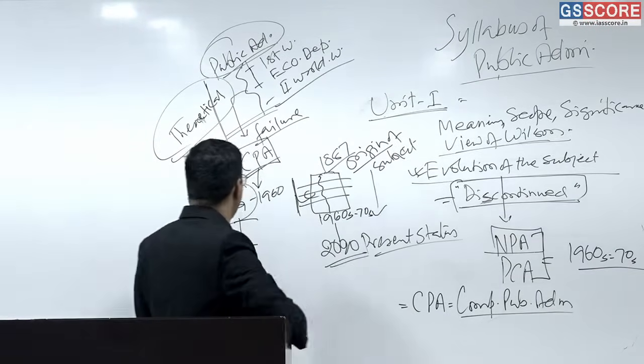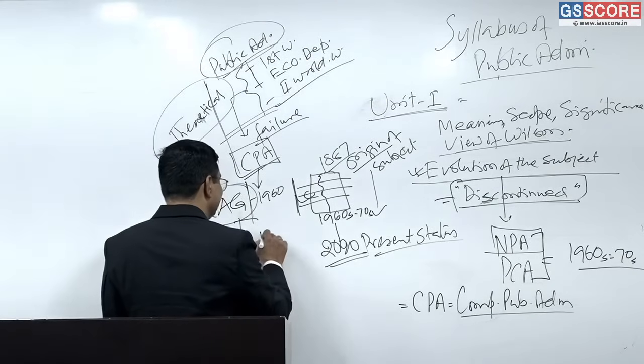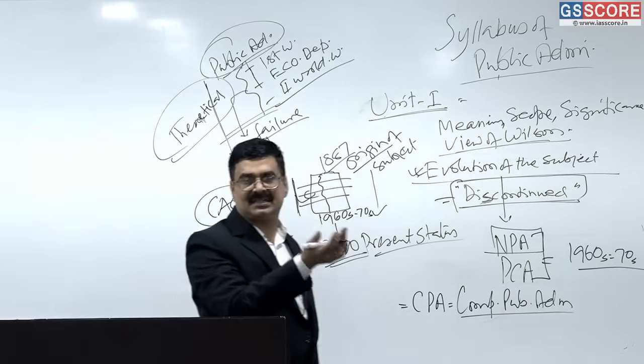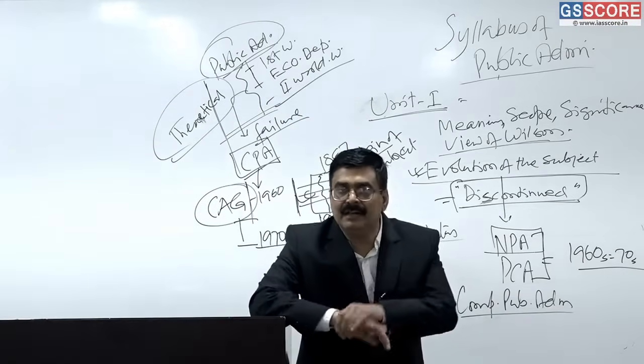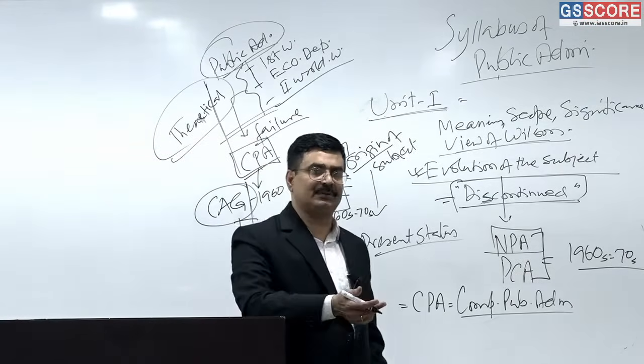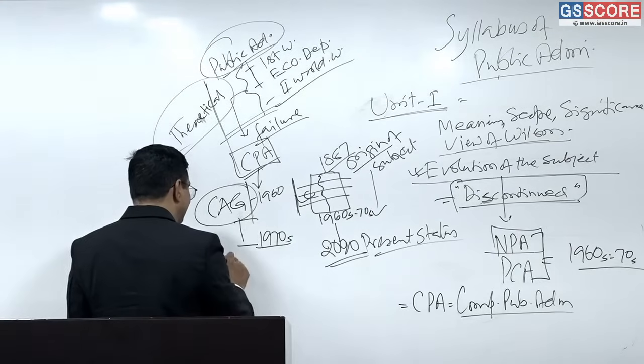But the CAG also could not be able to do anything much, and then in early 1970s and late 60s there was upheaval in America and a new visualization for the subject was there, and that we call as new public administration.